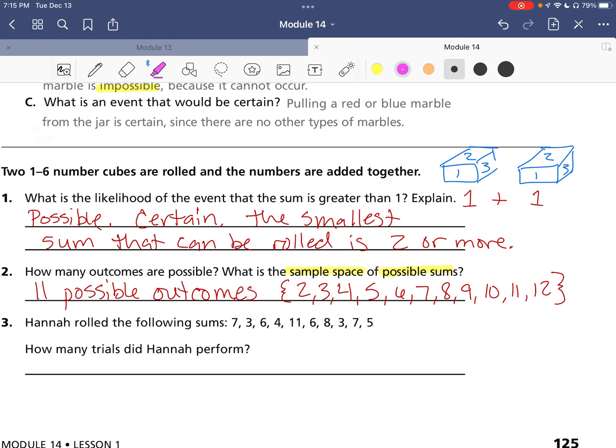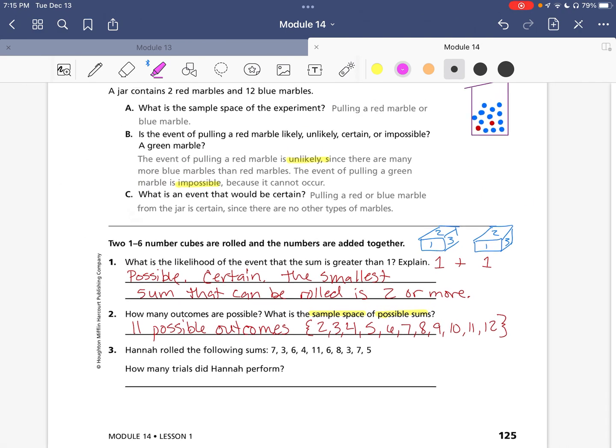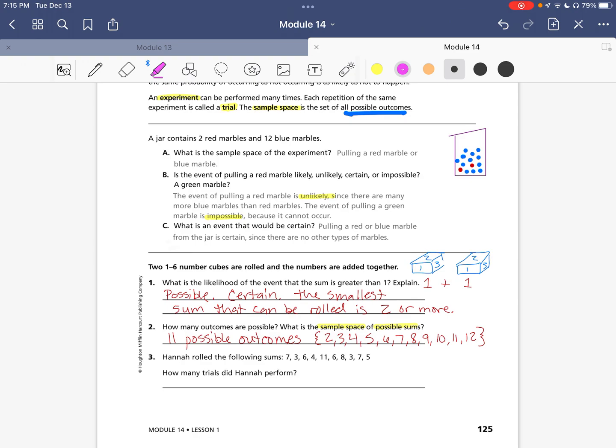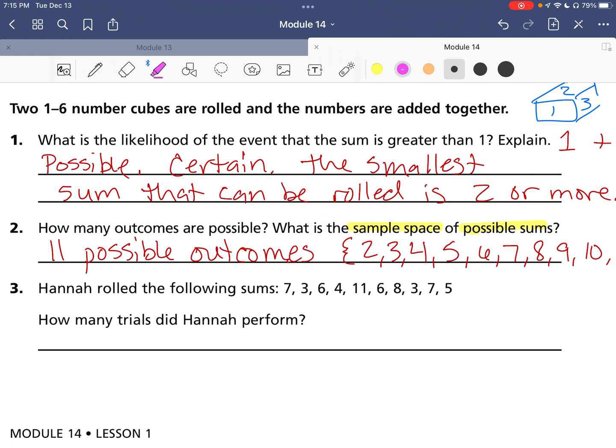How many trials did Hannah perform? So let's go back to our vocab here. Repetition of the same experiment. So this is Hannah actually trying. She's got her 2 dice. She's rolling them, and she got 7, 3. Next time she got 6. Next time she got a sum of 4. How many times did she do that? Count it up.